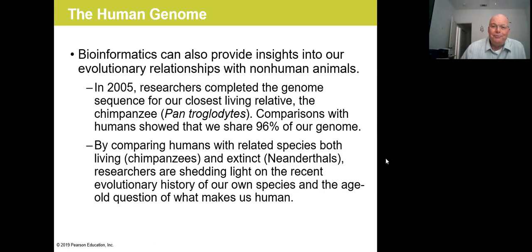We also have the ability now to compare sequences with closely related species like the chimpanzee, our closest related living relative. And our DNA is about 96 to 98% identical.